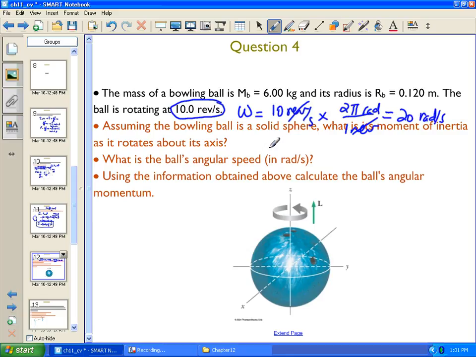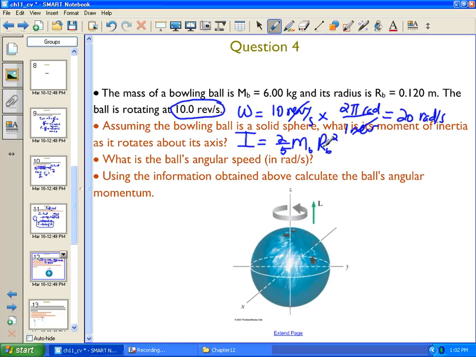Okay, assuming that the ball is a solid sphere with no holes in it, what is the moment of inertia as it rotates about its axis? Well, if this is a solid sphere of uniform mass, then we know that the moment of inertia for a solid sphere is given by 2/5 m of the bowling ball times r of the bowling ball squared.